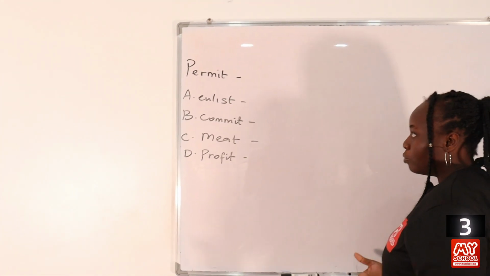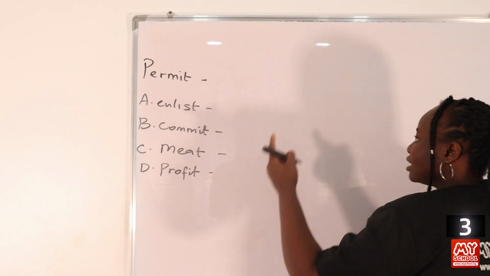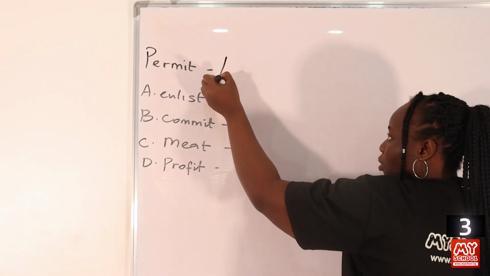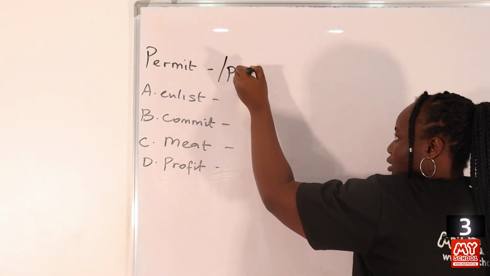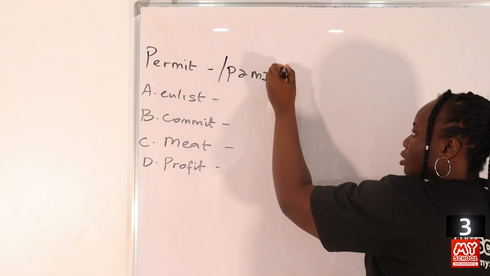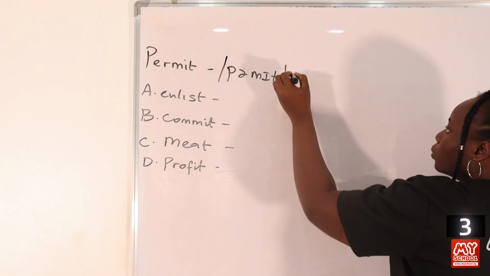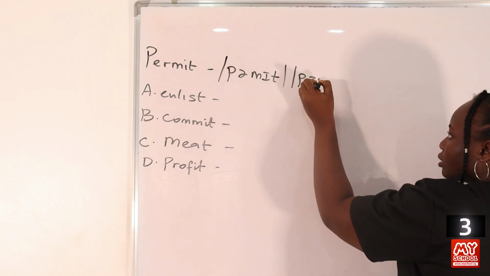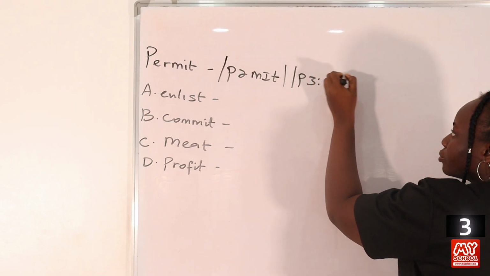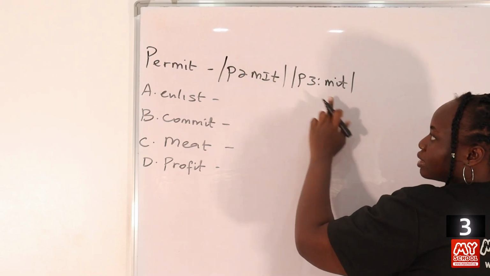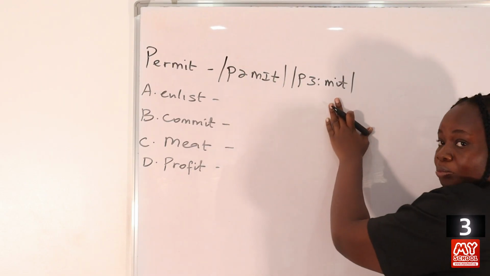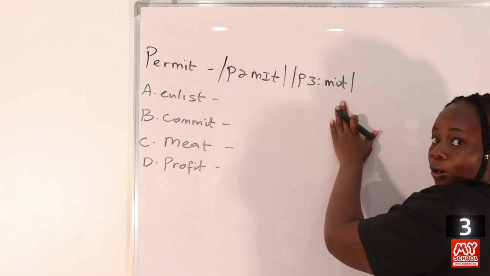For the word permit or permits, you can see that for permits, as in the verb permits, it's transcribed as this. But for the noun permits, it's transcribed as this. So you can see the difference. This is permits, this is permits, the verb, the noun.